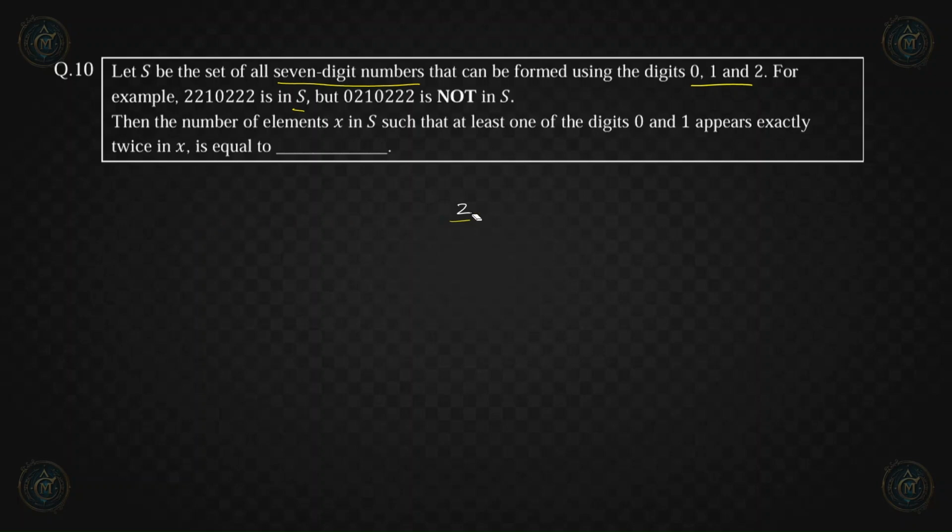So let us count. So we can say this number of elements x in the set S will be n of 0 union 1, right? N of 0 union 1 means that at least one of the digits 0 and 1 appears exactly twice in this given number. So by set theory we can write this as n of 0 plus n of 1 minus n of 0 and 1, right?